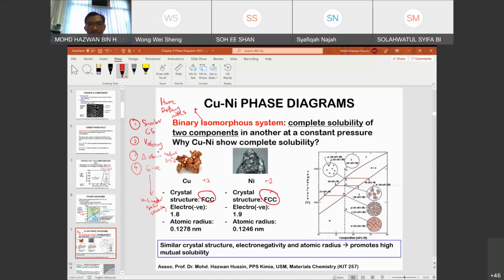So this is the reason why when you mix copper and nickel, you will get an isomorphous system: you have similar crystal structure, electronegativity, and a small difference in atomic radius, which promotes high mutual solubility. So this is actually the reason.